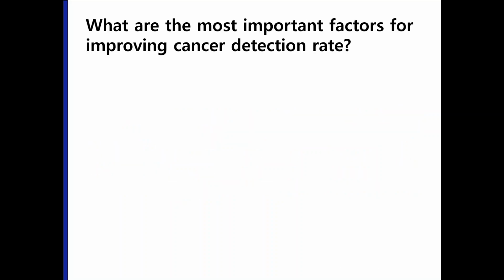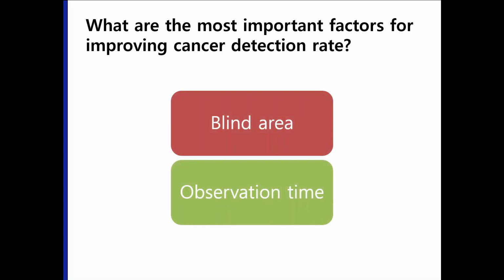What are the most important factors for improving gastric cancer detection rate? I think it is observation of the whole stomach without blind areas and enough observation time.